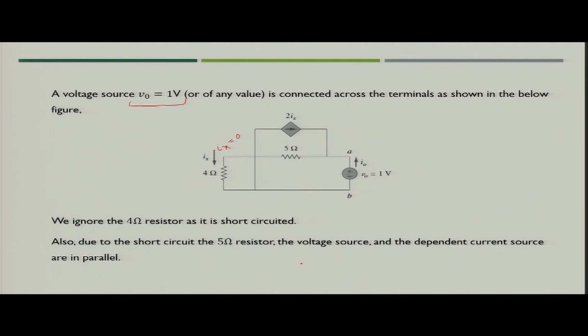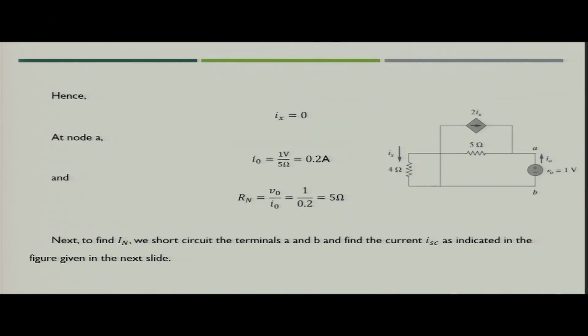Now, what we are seeing here, since Ix is equal to 0, that means this current source, that is 2Ix, will also be equal to 0. Now, what happens when Ix is equal to 0?